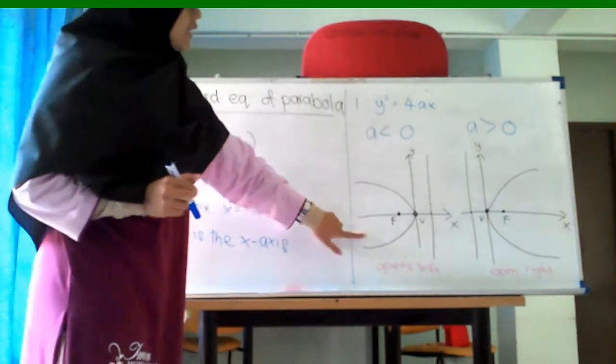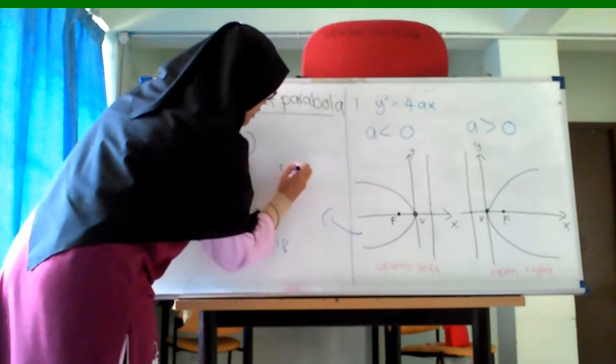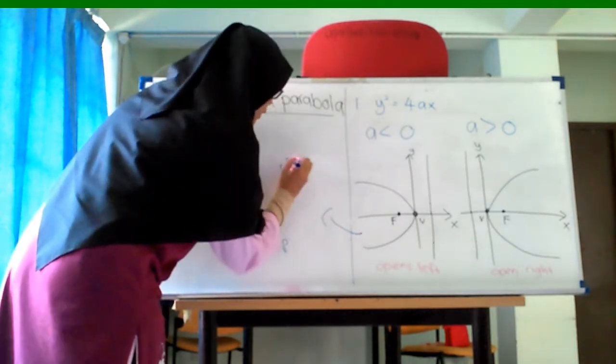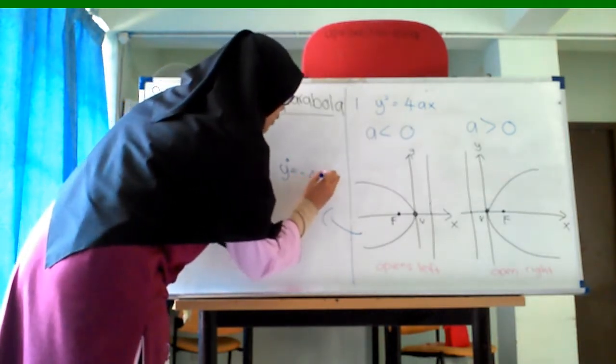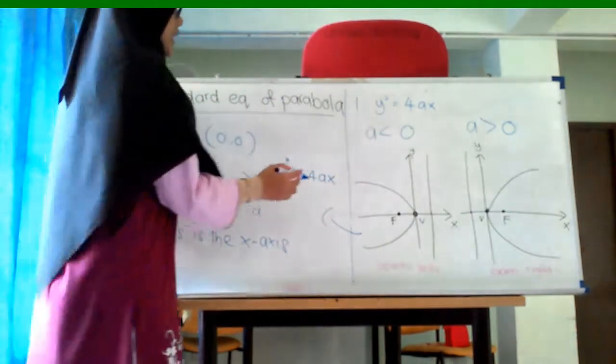For this, the equation is y squared equal to negative 4ax, since a is the negative value.